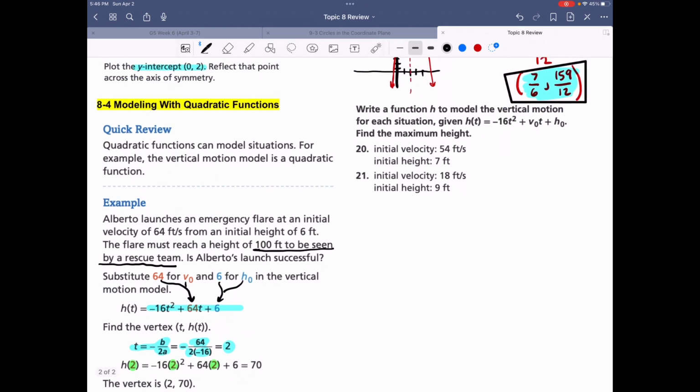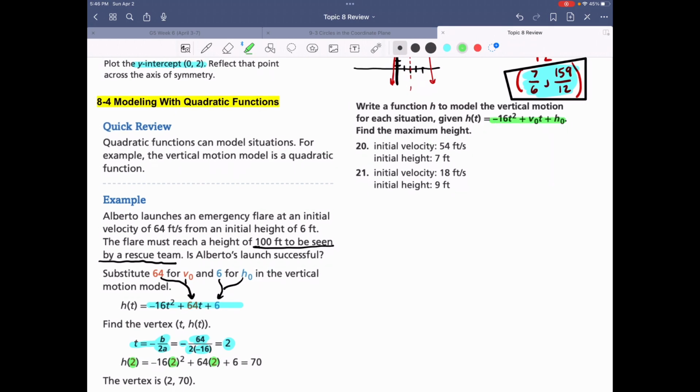Okay, so let's practice this. Write a function h to model the vertical motion for each situation. h of t equals negative gt squared, or negative 16t squared plus v0, initial velocity, times t, time, plus h, initial height.